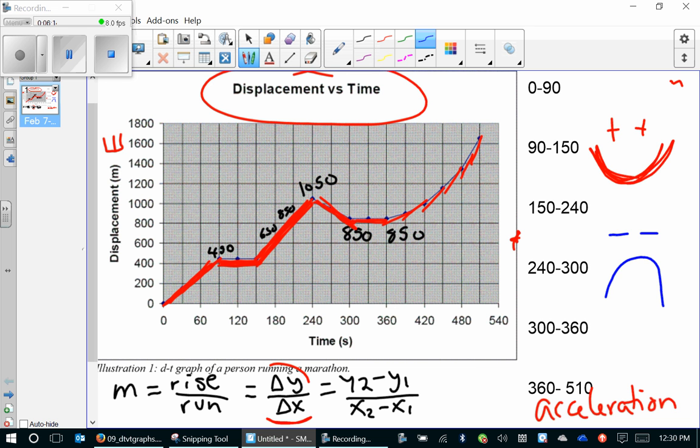See, that slope is slowly getting smaller. Okay, so displacement versus time, the slope gives us our velocity. Whenever we have a curved line, we have some sort of acceleration. If we have a flat line, that means a 0 velocity.